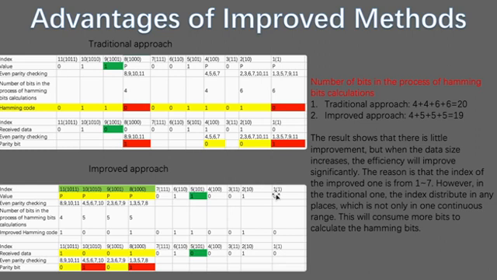We try to minimize the range of the data index. However, in the traditional versions, the data index will be so large, and we will use more bits to represent all of the data index. That's why it will consume more bits, and eventually it will reduce the efficiency. That's all. Thank you.